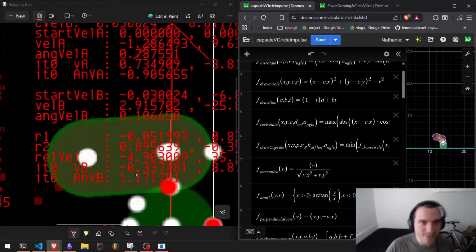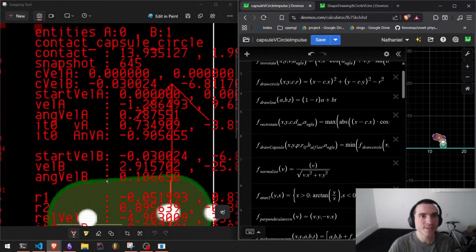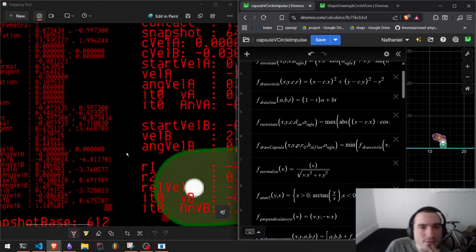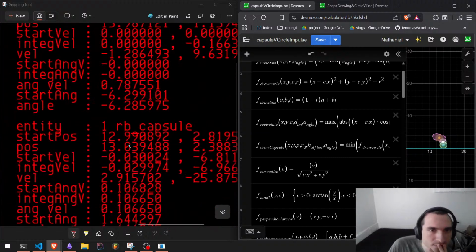So let's look at the positions. The start position of entity A and B. This is ridiculous.